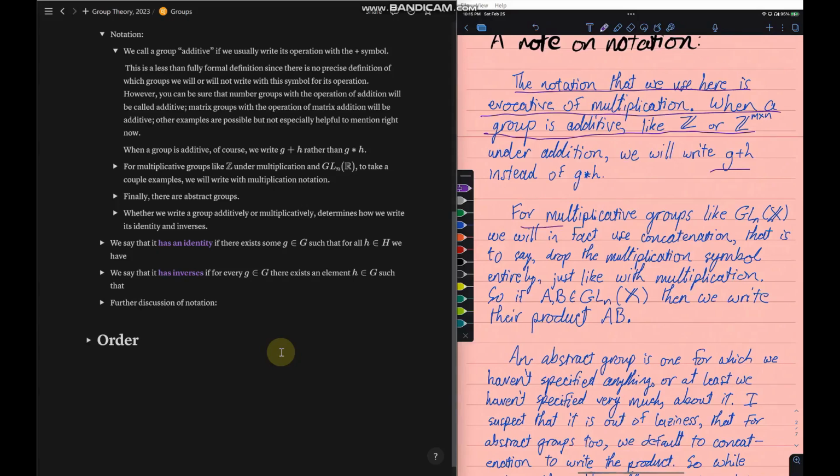For multiplicative groups, like for instance, the general linear group on just about any number set, we will in fact use concatenation. That is to say, drop the multiplication symbol entirely, just like with regular multiplication. So if A and B are any two invertible matrices, effectively, with coordinates in this number set X, then we will write their product just with A concatenated next to B.